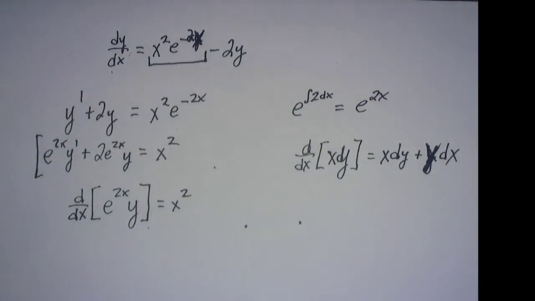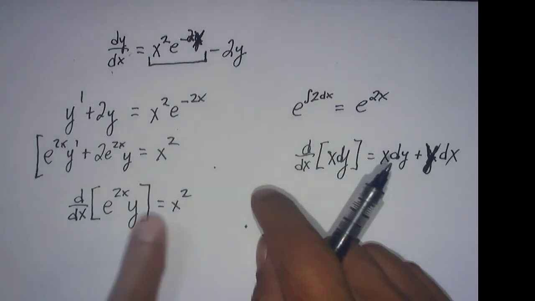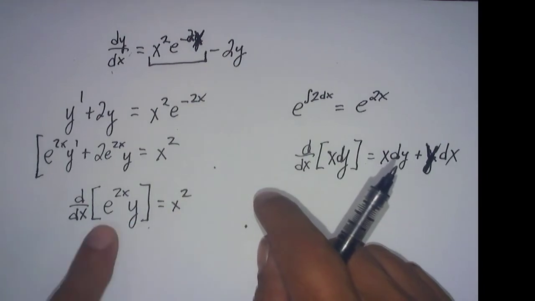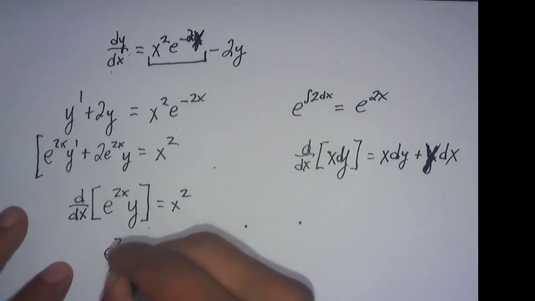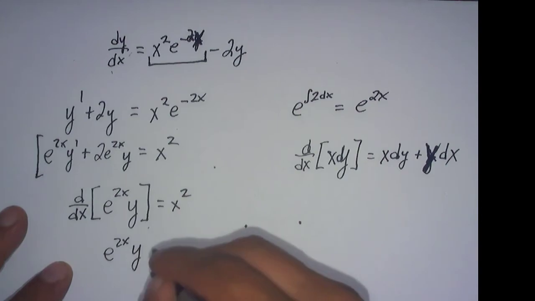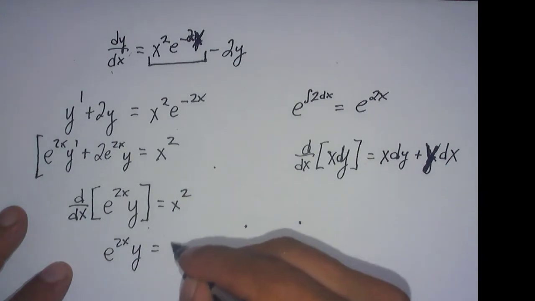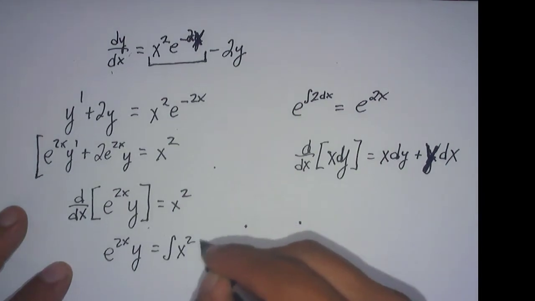So now, you just integrate both sides. The integral of a derivative is what's inside. So this is e to the 2x y, and the integral of x squared dx.